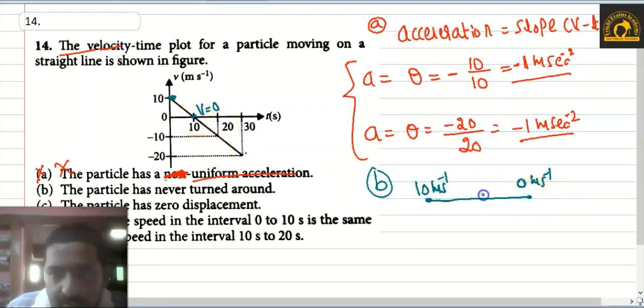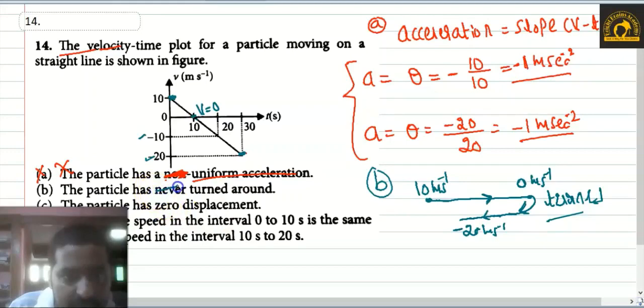Then it goes from the positive direction to the negative direction because the readings are negative, and finally reaches minus 20 meter per second. That means it turned. But the option says never turned; it has turned around, so that is also a wrong answer.